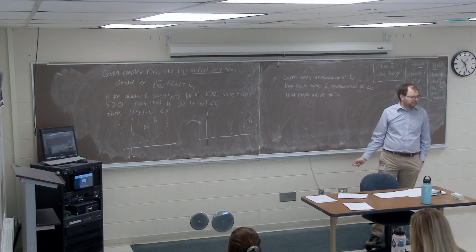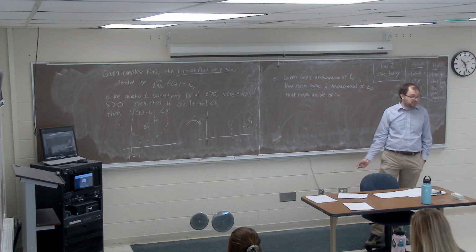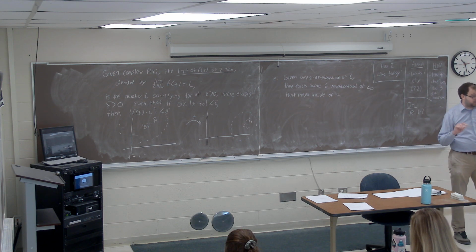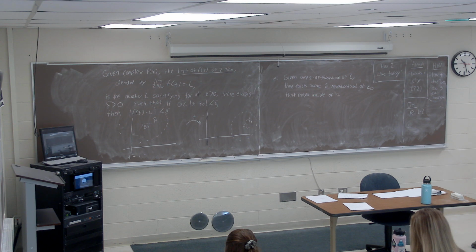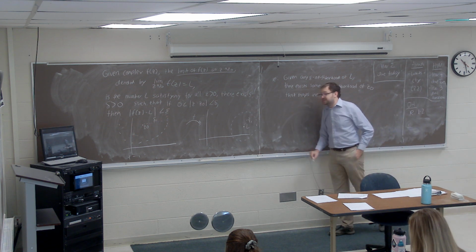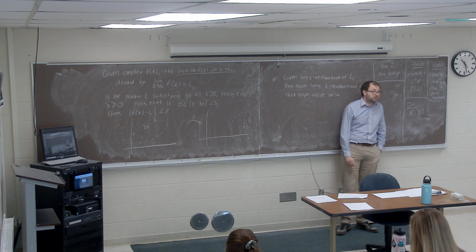Delta here is playing a role analogous to what capital N did in the sequence convergence definition. When we're looking at a sequence, with just a discrete set of points, we were saying that if we drew any epsilon disk around what we claimed our limit of the sequence is, all the points in the sequence had to eventually be inside of it.